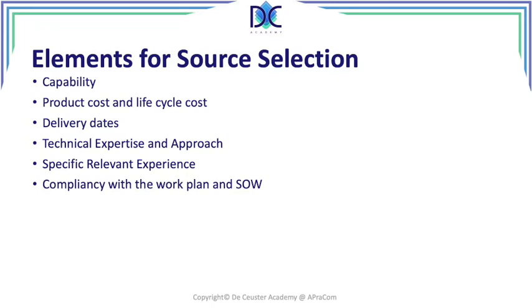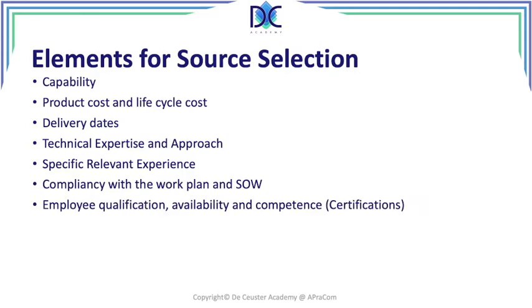So when you have the elements, you have to look at those very closely because once you get the offer, you have to see whether it complies with your project plan, your work plan, and the statement of work, the scope that you need. Employee qualification, availability, and competence, very important.